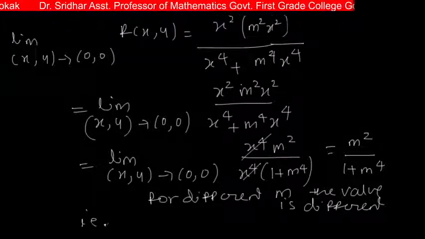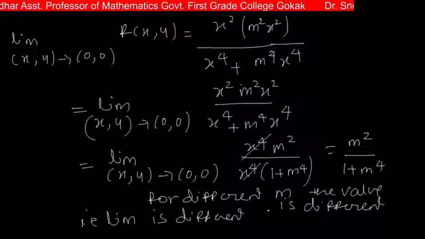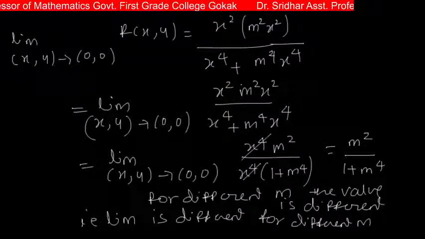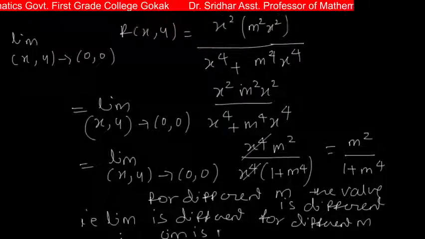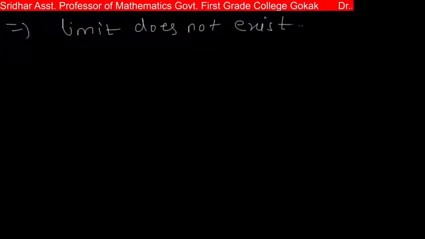Therefore the limit is not unique. When we get more than one value for the limit, it implies that the limit does not exist.